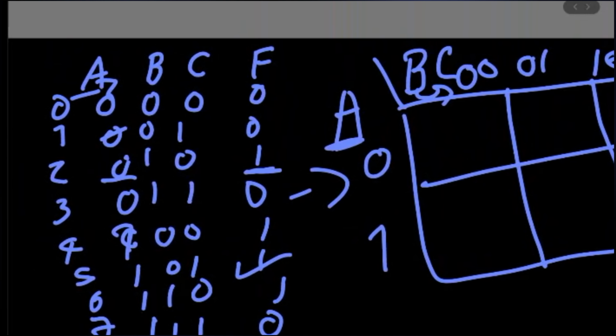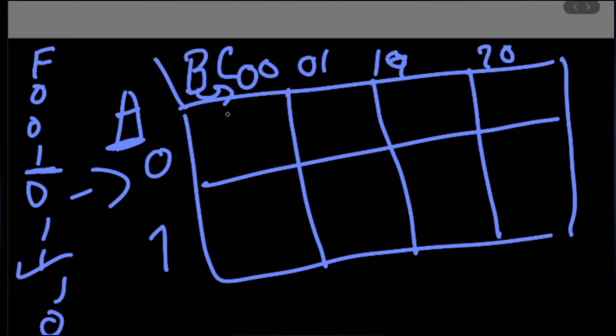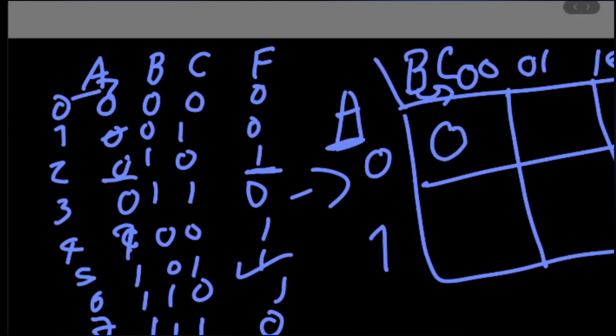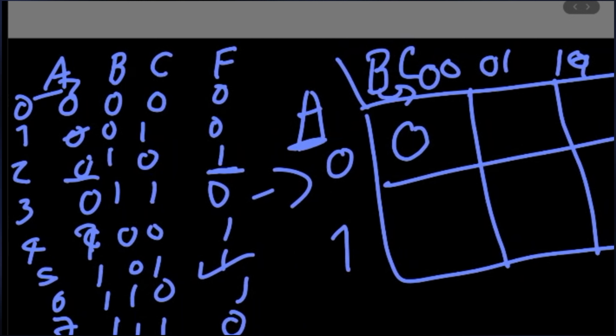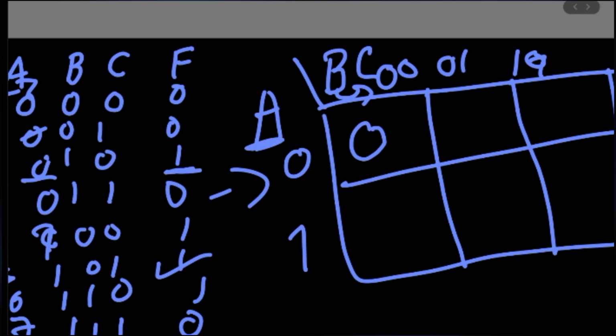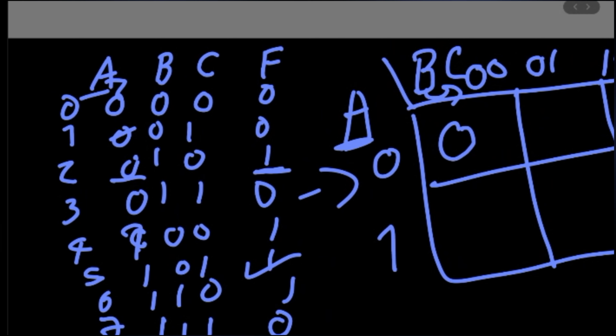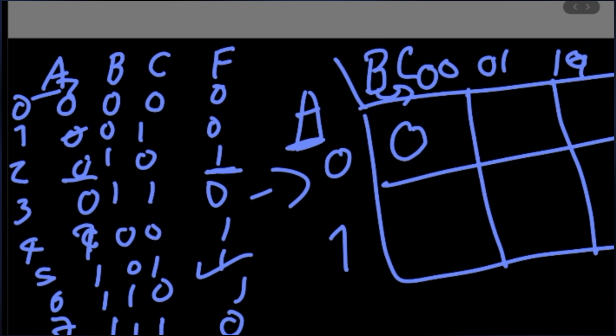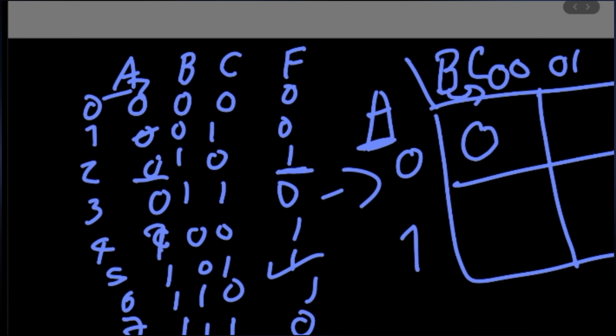First we see here, when A is 0, B is 0 and C is 0, it is 0. Now we can fill each of the boxes using the truth table, but it would be boring. We'll just look at the 1. We look at where the first 1 is. Here it says when A is 0, B is 1 and C is 0.